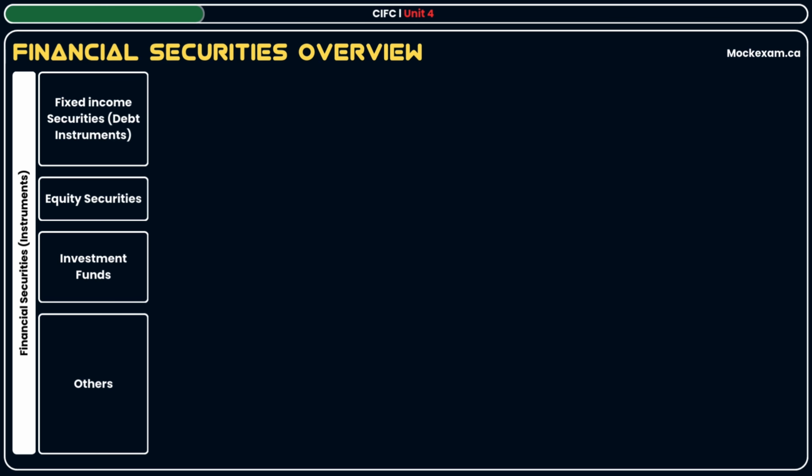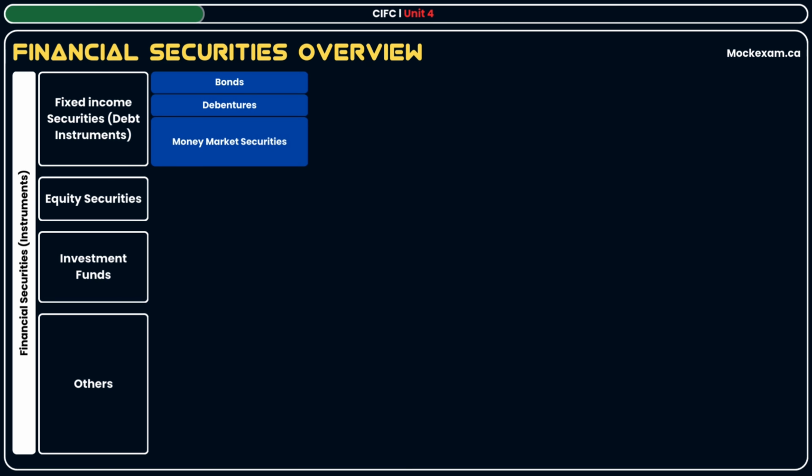We have three types of fixed income securities, which are bonds, debentures, and money market securities. If I want to explain the difference of these three in simple terms, let's say you buy a bond from a company, and the company promises you that it'll give you 6% annually.